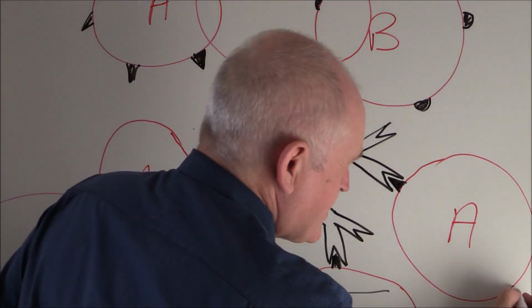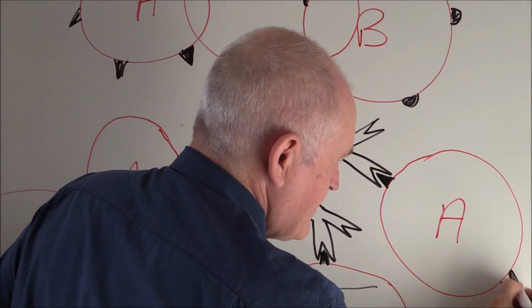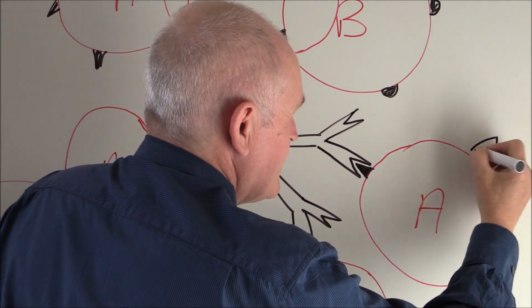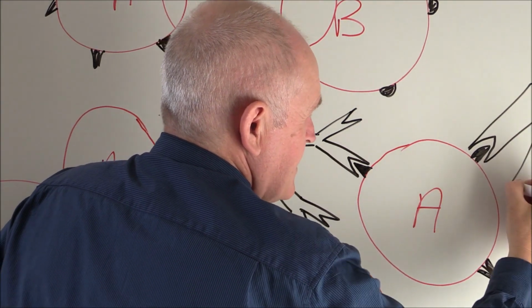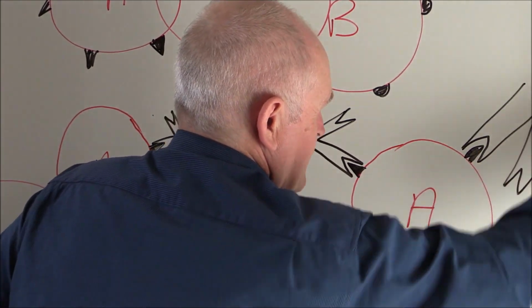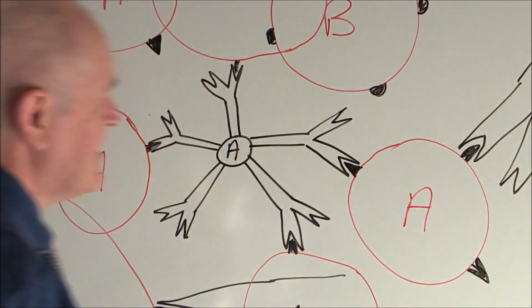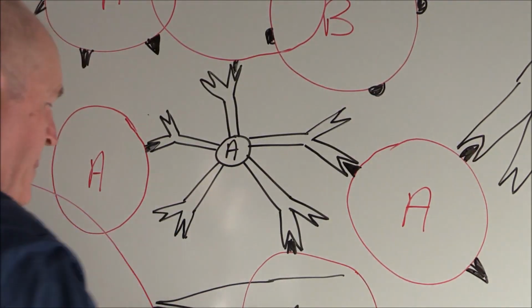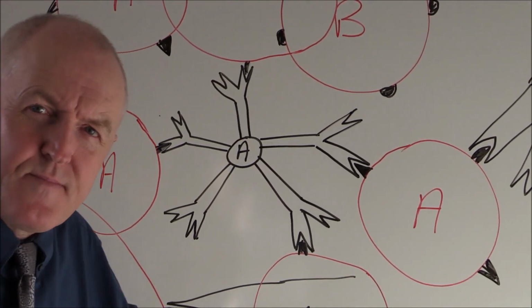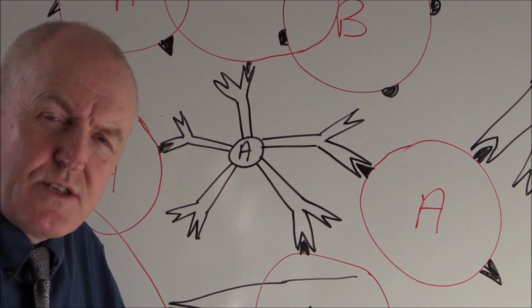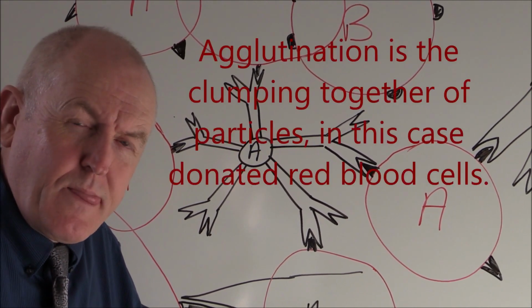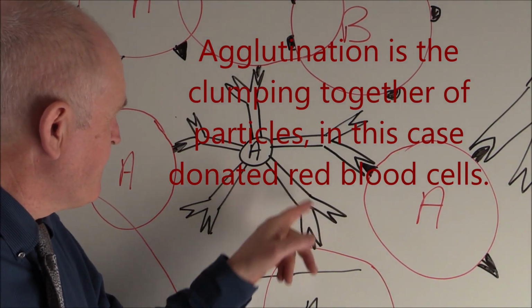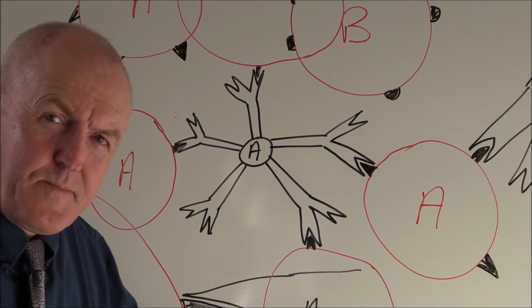And of course there are going to be antigens all over the surface of the red cell, and another antibody can latch onto that. So what we can end up with is a huge clump of the donated red cells. So the donated red cells will be agglutinated, all stuck together, forming little clumps, by the recipient's A antibodies.